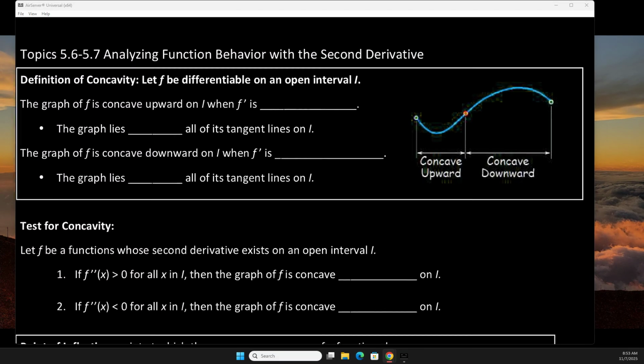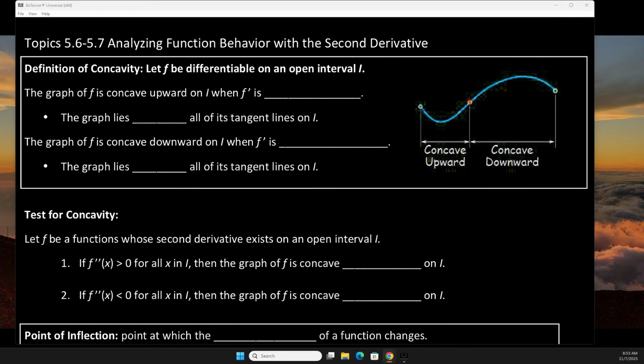I think you're going to remember this from last year, but the graph of f is concave up when f prime is increasing, just like we just said. If we drew little baby tangent lines where the graph was concave up, you can definitely see it on the bottom.